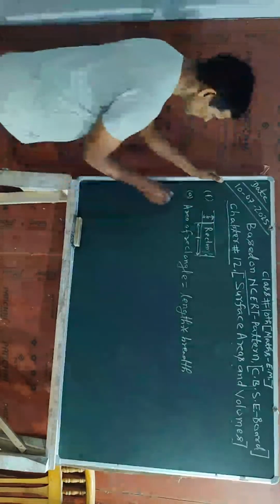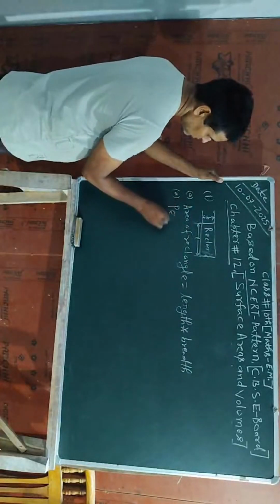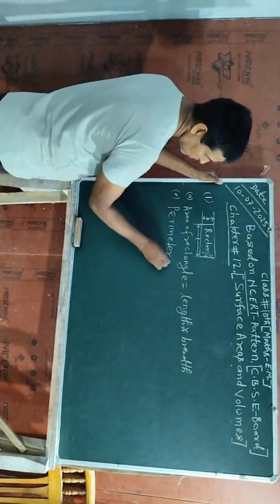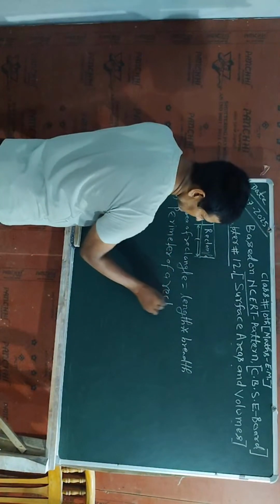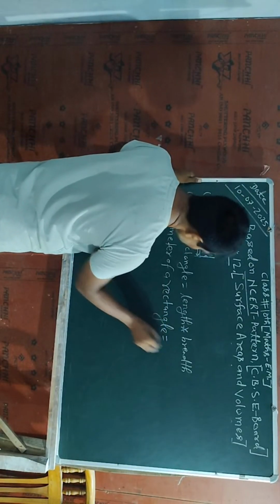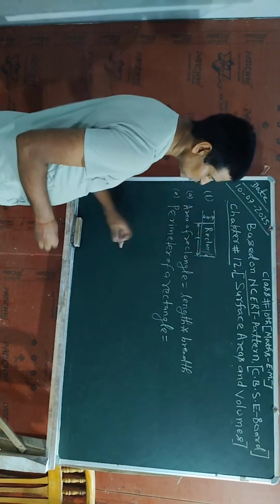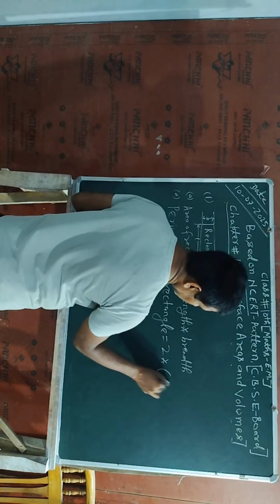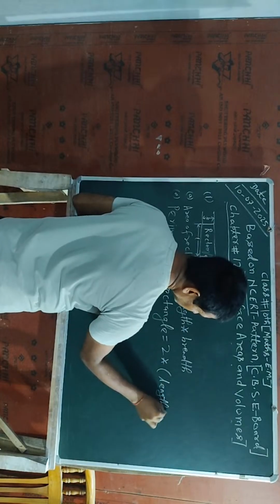Now second point I will say, perimeter of a rectangle, which is equal to 2 times length and 2 times width, so I will take 2 common: 2 into (length plus width).